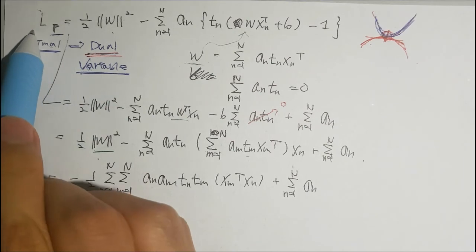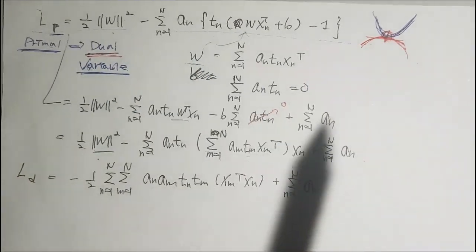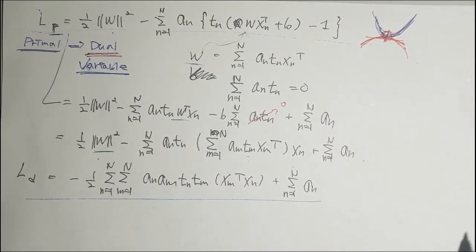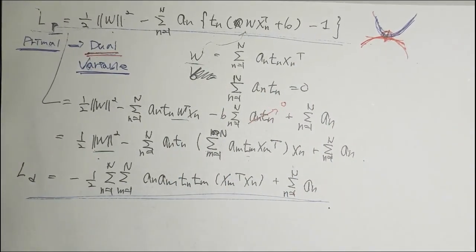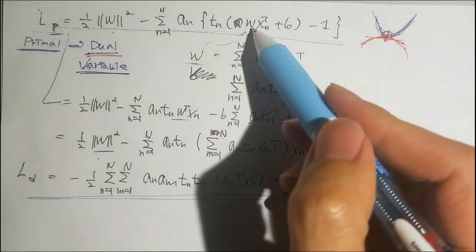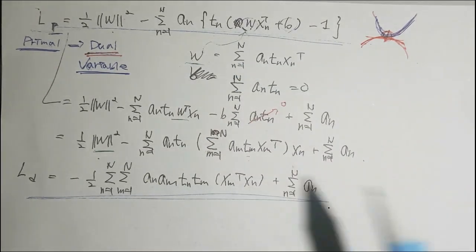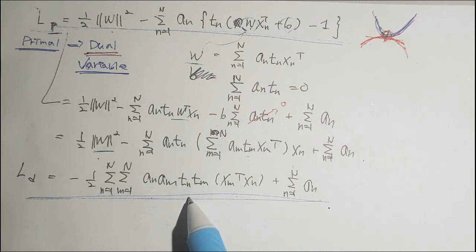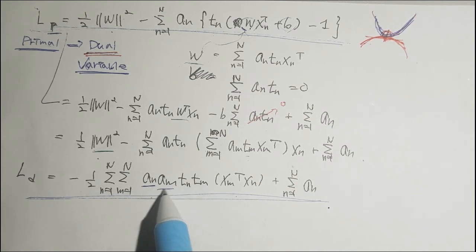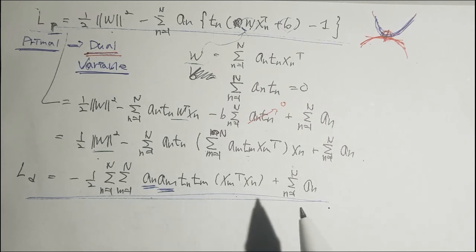We changed our primal form into dual form. It is the same equation but with different variables, because it contains W and B, but we don't have W and B anymore, so it is the equation with regard to these Lagrange multipliers.